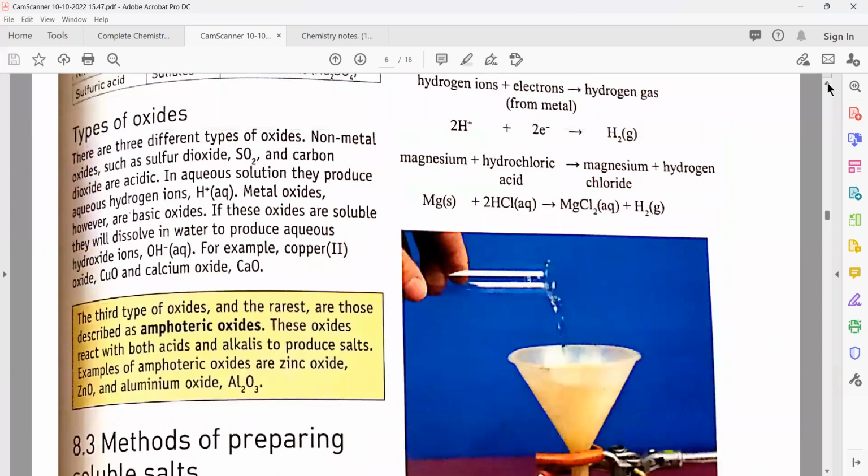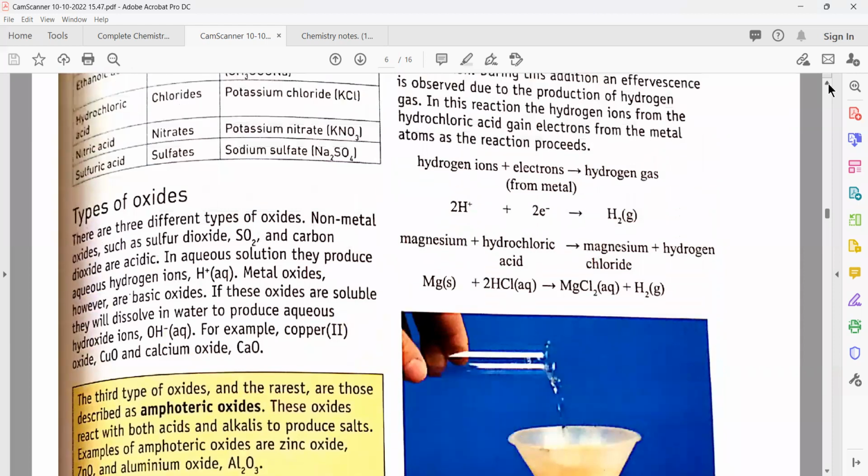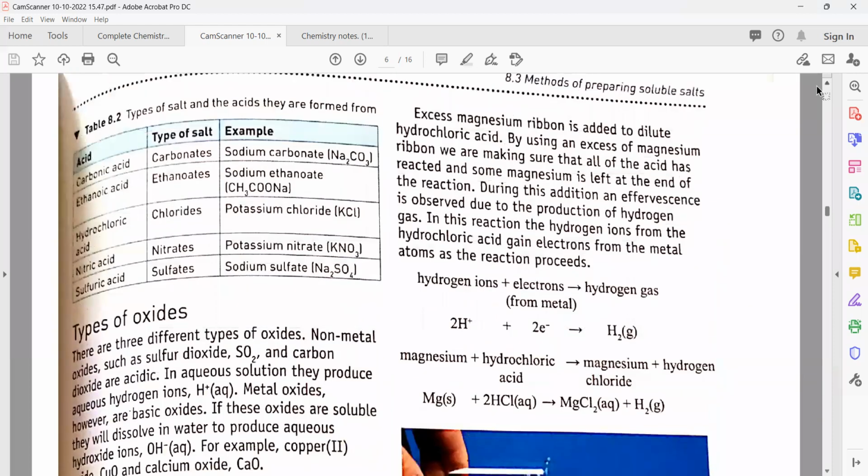Look here. It is going to tell you in equation form. Excess magnesium ribbons is added as the metal to the dilute hydrochloric acid. By using excess magnesium ribbons, we are making sure that all the acid has reacted and some magnesium is left at the end of the reaction. During this addition, effervescence is observed due to the production of hydrogen gas.